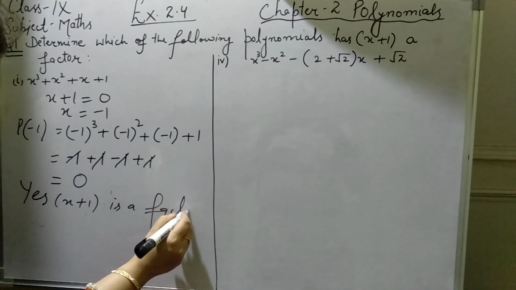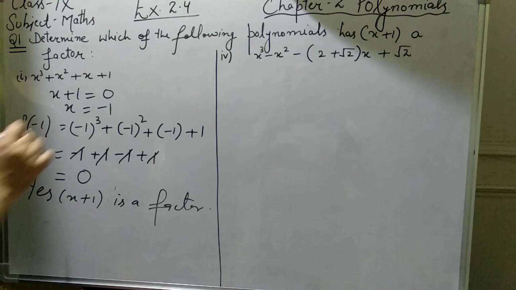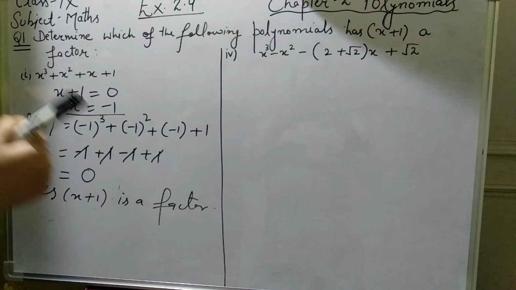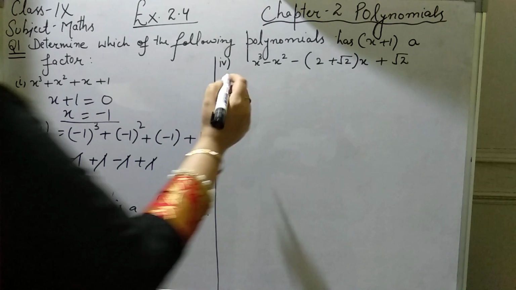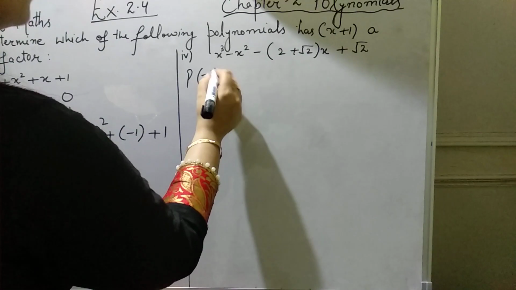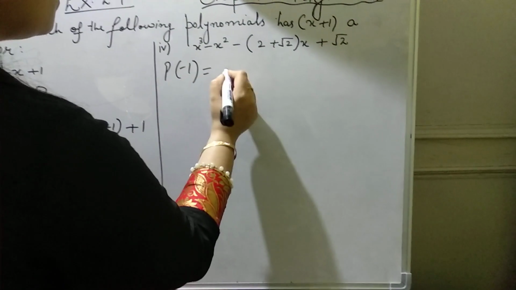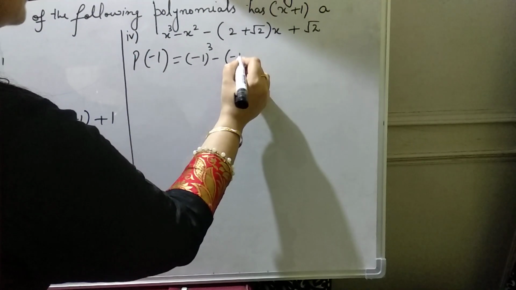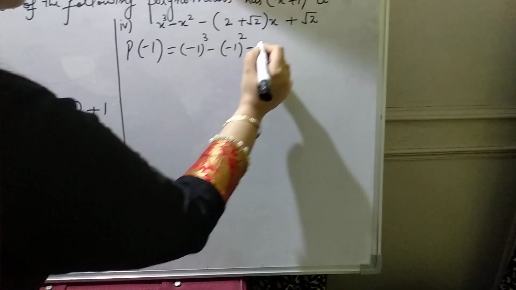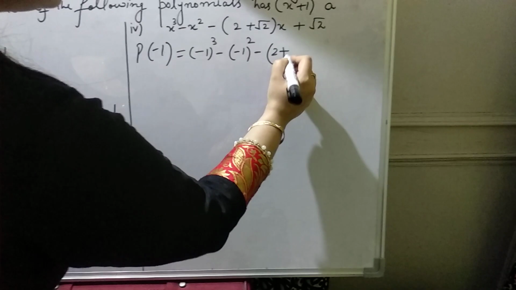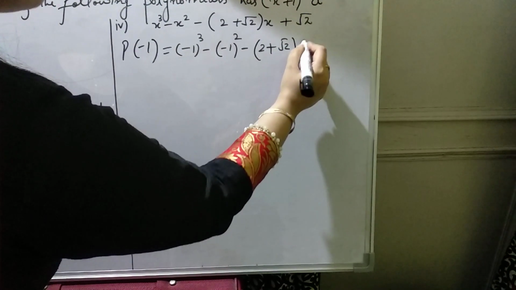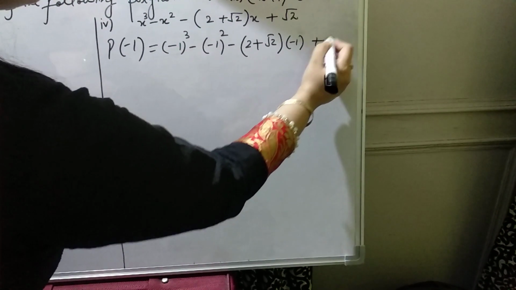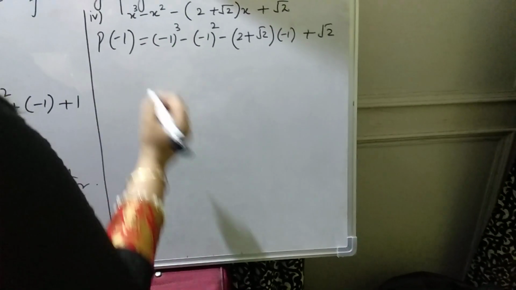Now again, the value of x is equal to minus 1 and we have to put the value here. p of minus 1 in the fourth part: minus 1 cube minus minus 1 square minus 2 plus root 2 of minus 1 plus root 2.